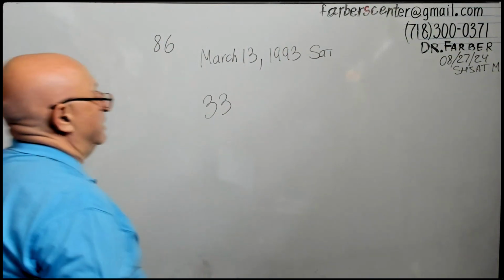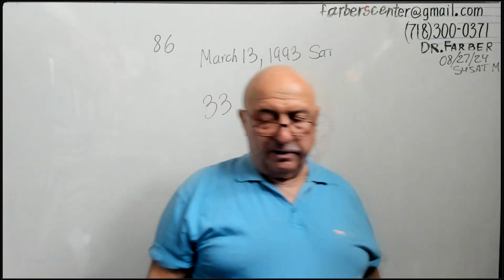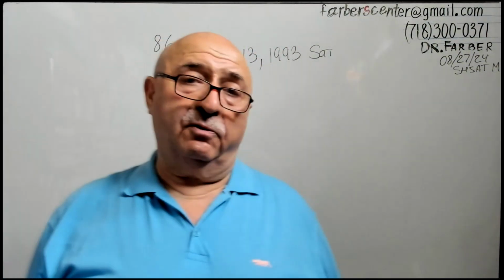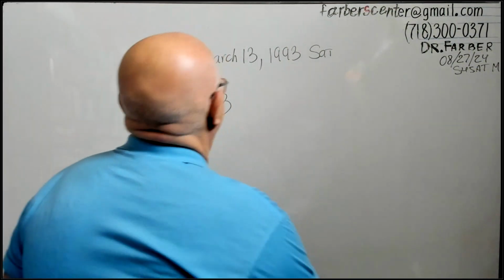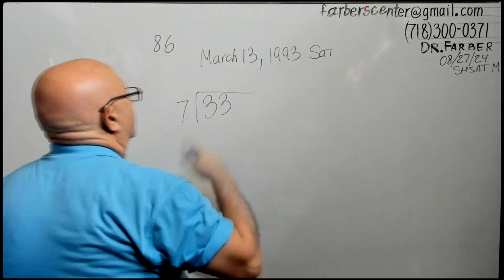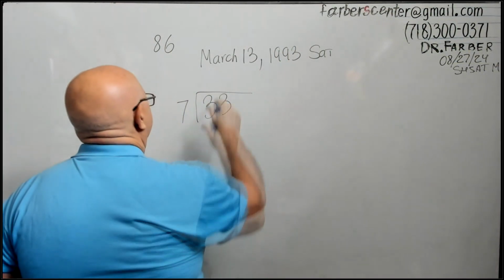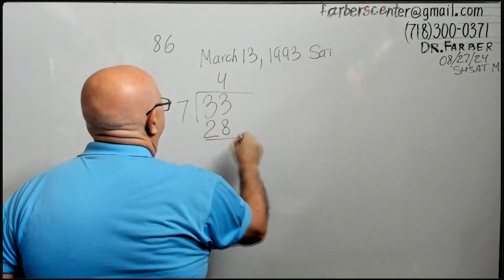Because every 7 days, for instance, if today is Tuesday, exactly in 7 days would be Tuesday. In 8 days would be Tuesday plus 1, Wednesday. So I will divide 33 by 7 to see how many times we're looping in this. 4 times 7 is 28. And this is 5.